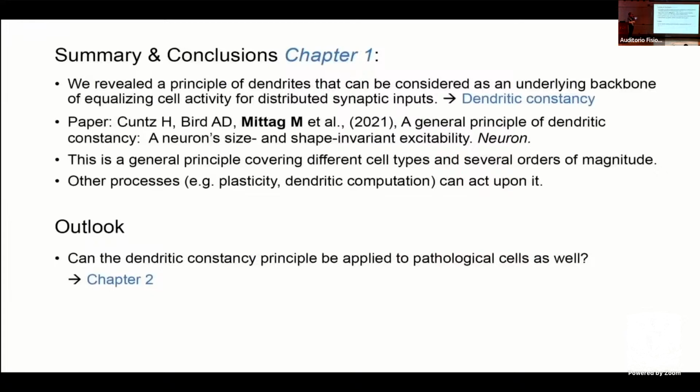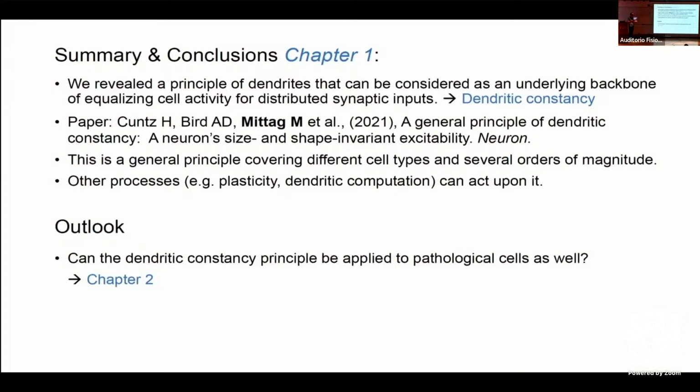Okay, that's for the first chapter. So basically, we revealed that there is a principle that underlies these dendrites, and it can be considered as a backbone of equalizing cell activity, which we call dendritic control. We published this a couple of years ago in a paper, and the great idea is that this is a general principle, that it covers several cell types and orders of magnitude.